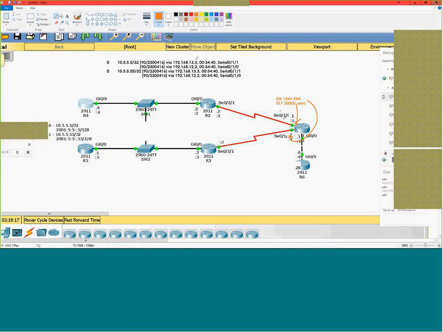And remember, when we're calculating metrics, it's only the egress interfaces that matter. This interface, this interface, this interface, and ultimately these interfaces. All right, move that over. That's all that should matter.